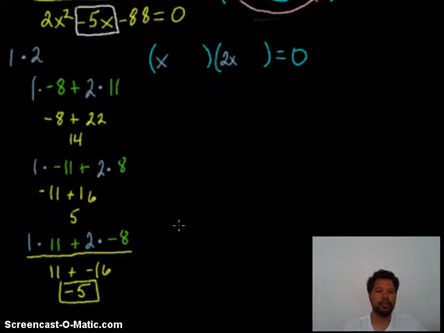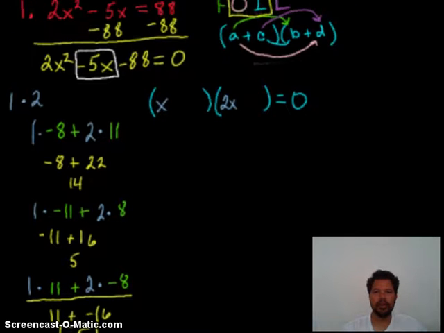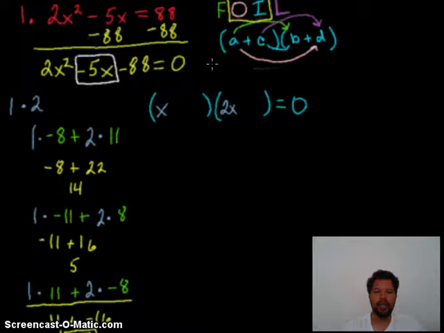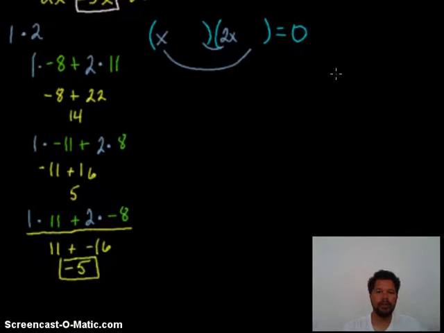So that's good to go. And we're going to focus on the outer and inner terms, like I had up here earlier. So that means this term and this term right here. So the outer and inner that we're multiplying.